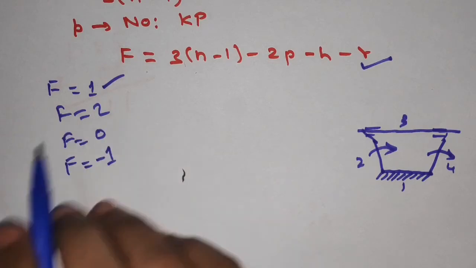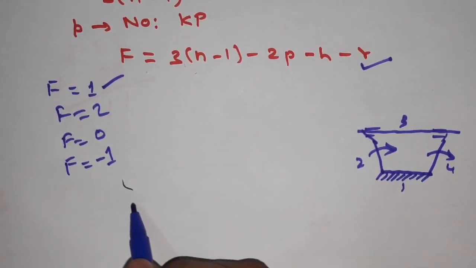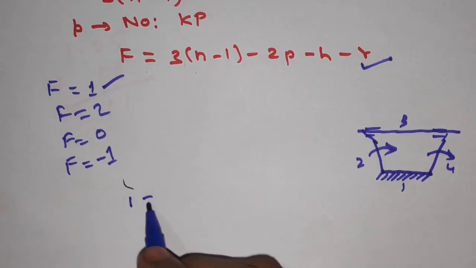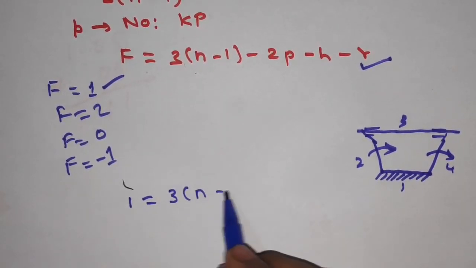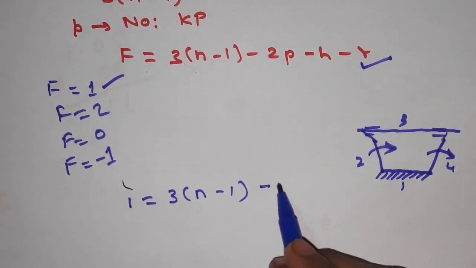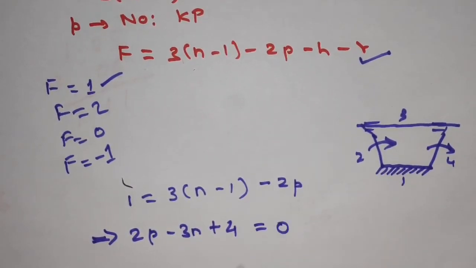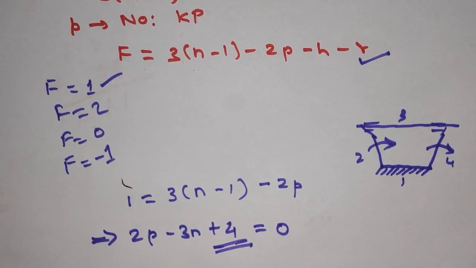So when we substitute F is equal to 1, say for lower pairs, this will be 1 equal to 3 into n minus 1. For lower pairs h and r will be equal to 0. So this will be minus 2p. Upon simplifying, we will get 2p minus 3n plus 4 is equal to 0. So this equation is known as Grubler's equation.